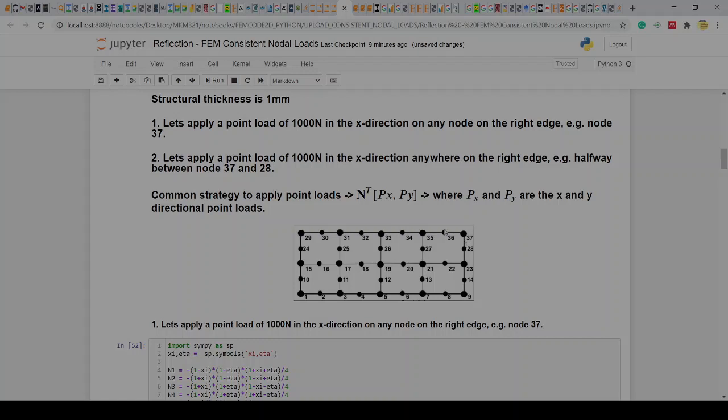So halfway, because it's a nice undistorted rectangular element, that point there would just be halfway, which is the equivalent of an eta equal to 0.5. So I'm going to apply load here, between these two nodes, at eta equals 0.5 and psi equals 1. So I'm going to apply 1,000 there.